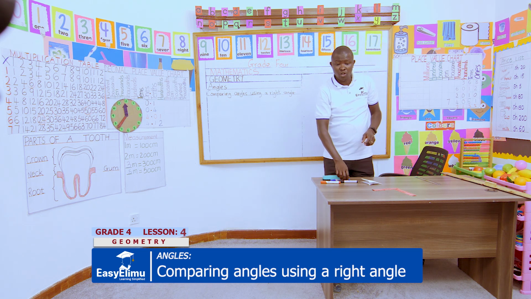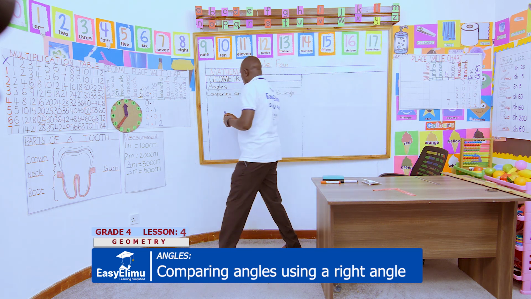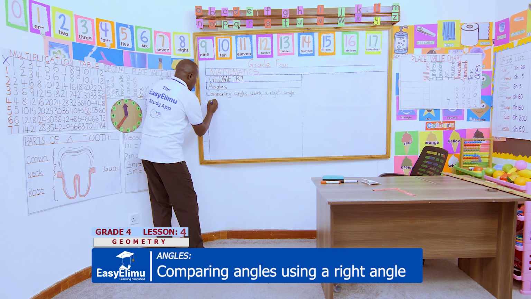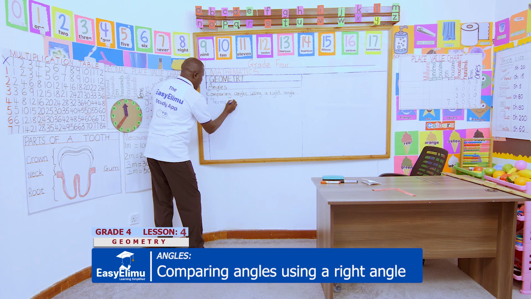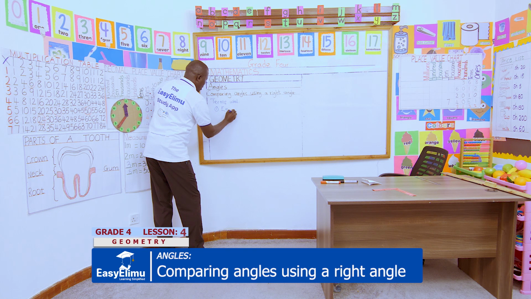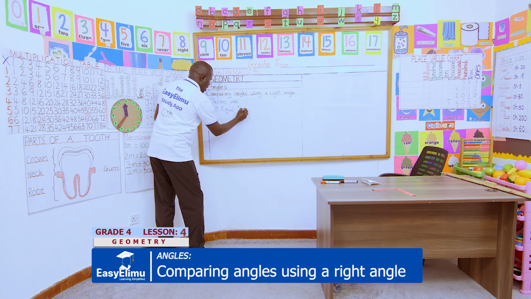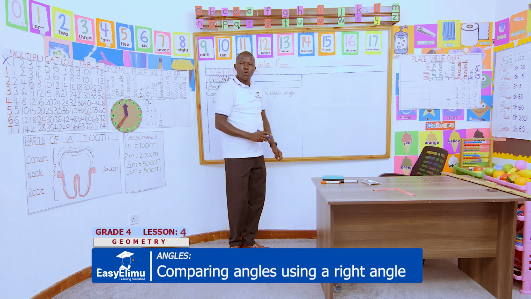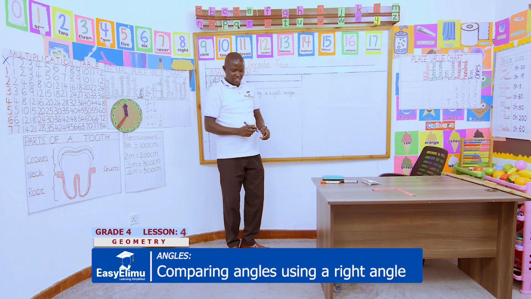So one terminology I will be using is equal to. As you compare, the terms used are, first one, equal to. The way we have seen, our angle A is equal to right angle.